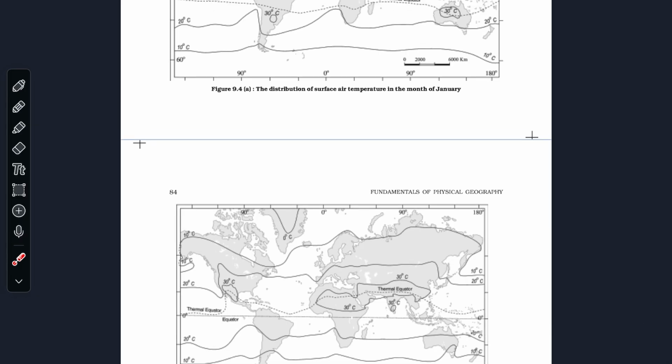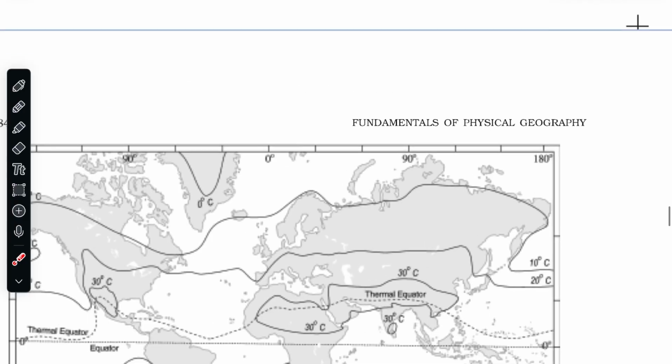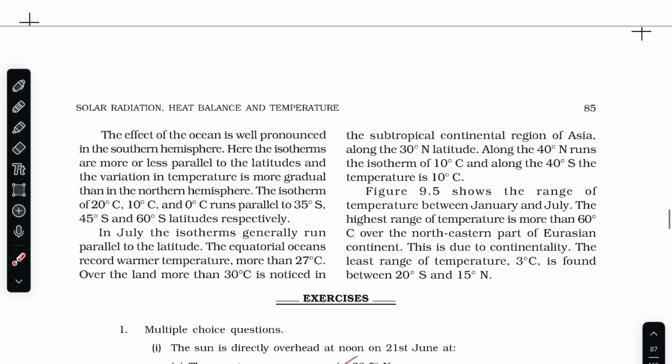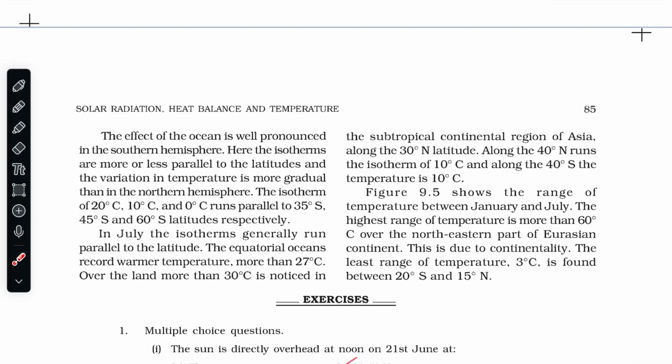As we go to January, over the land the isotherm is moving southwards, whereas over the ocean it is bending towards the north. So the effect of the ocean is well pronounced in the southern hemisphere.